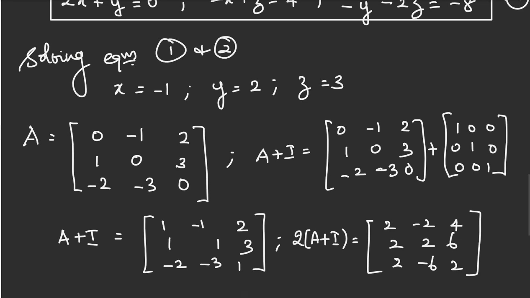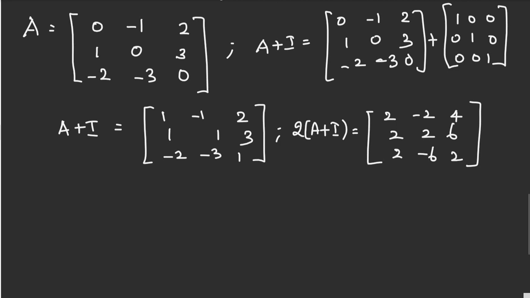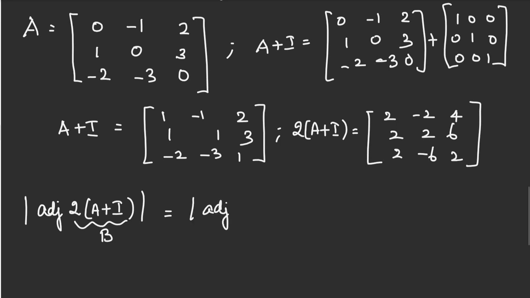Now our aim is to find the determinant of adj of 2 times of A plus I. Suppose I take this 2 times of A plus I as matrix B. Then the determinant of adj B is equal to the determinant of B the whole square.